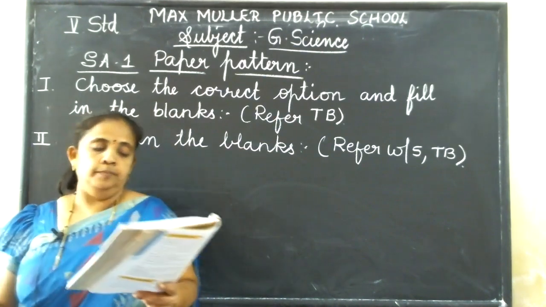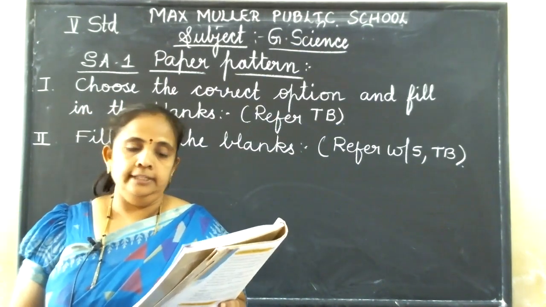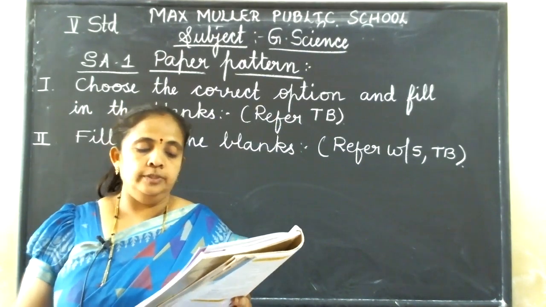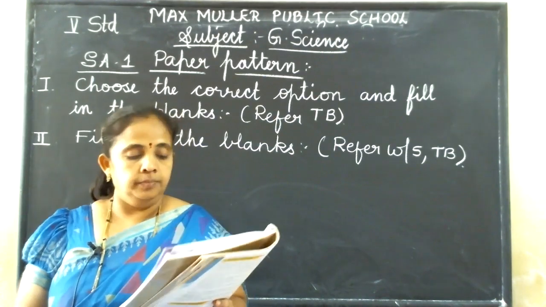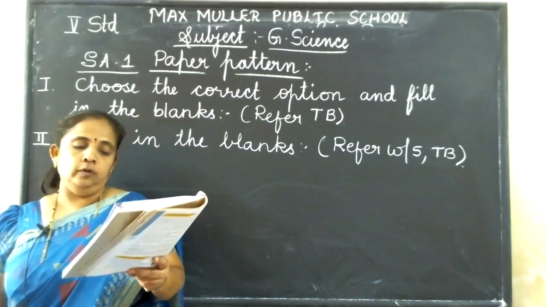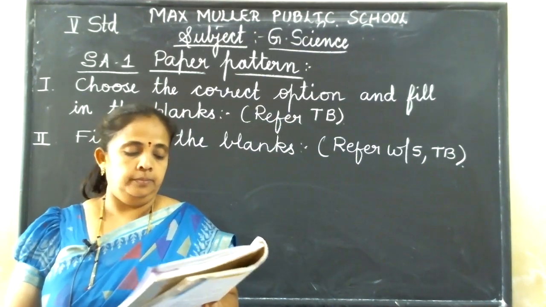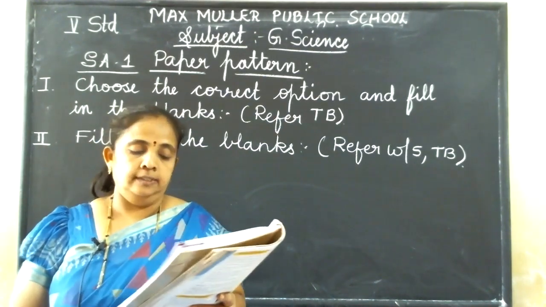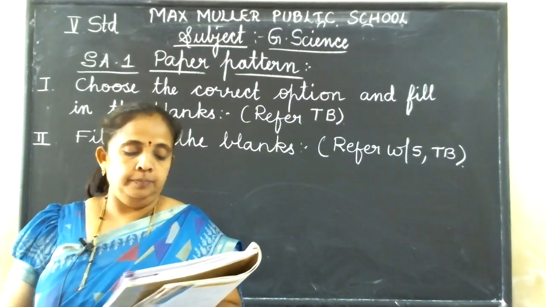Second lesson. We cannot see microbes with our naked eyes. The microbes that cause disease are called germs or pathogens. Microbes multiply quickly when they get conditions that are suitable for them. Bacteria are single-celled microbes and have different shapes.